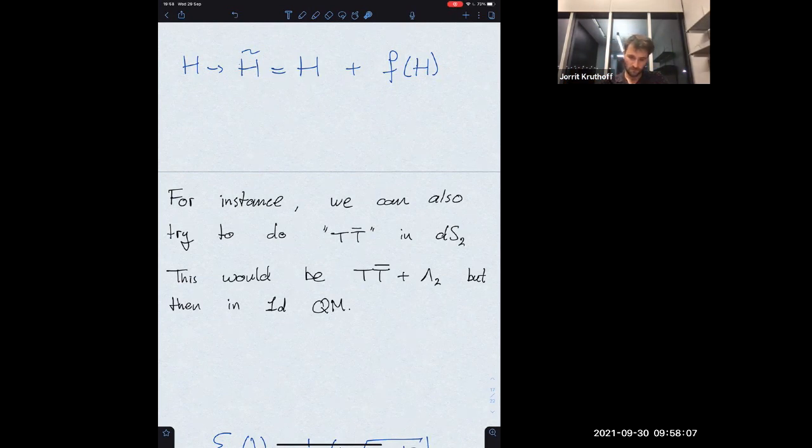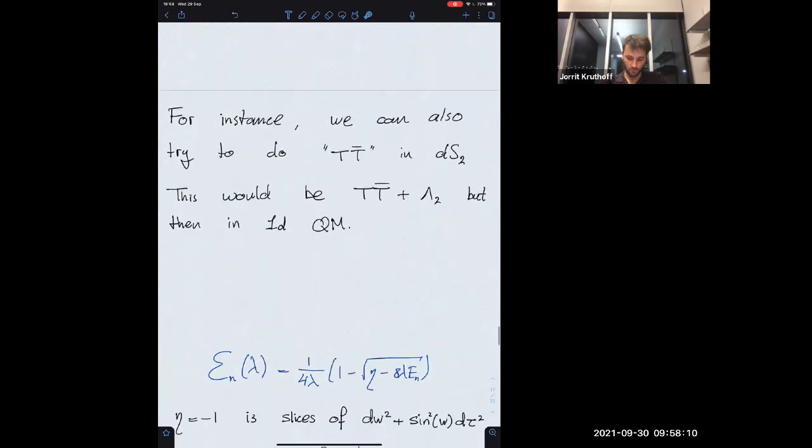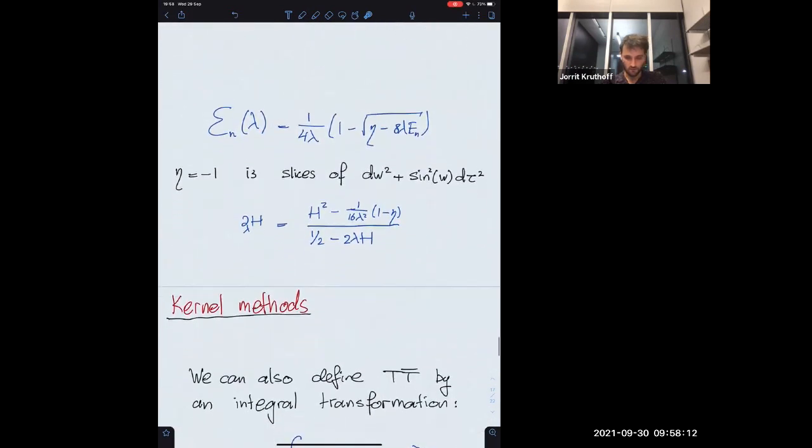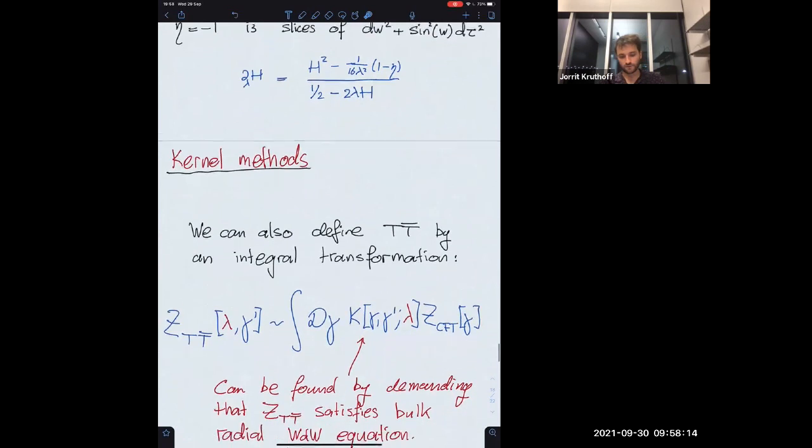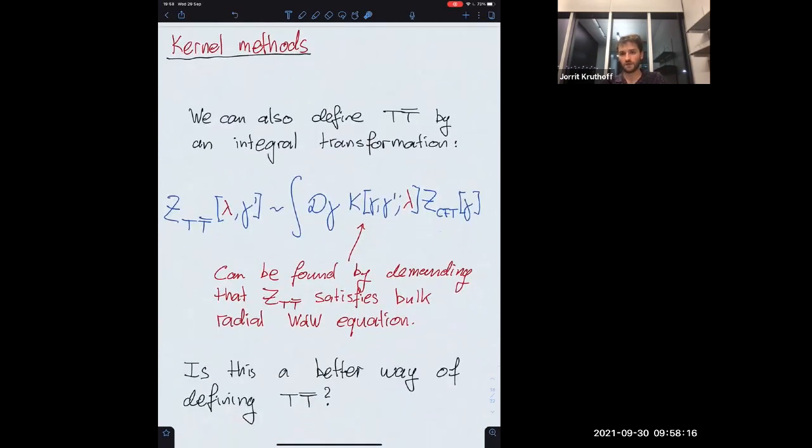But yeah, I think in particular it would be more interesting to understand whether there are more general deformations in the higher dimensional case, and especially in the two-dimensional case. And maybe one way to approach that is by looking at these integral transforms that people have been looking at.